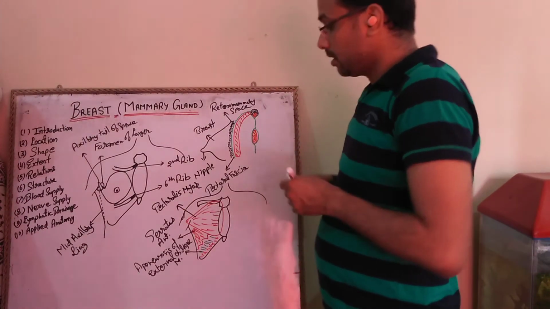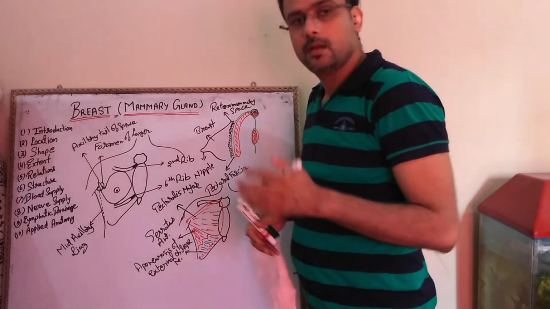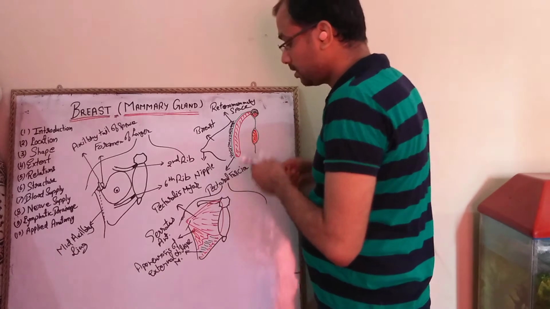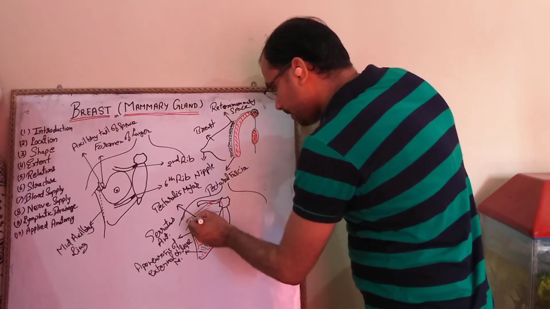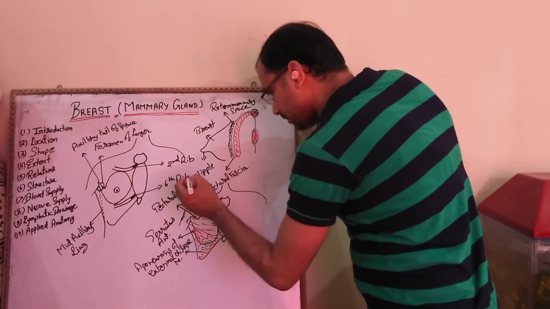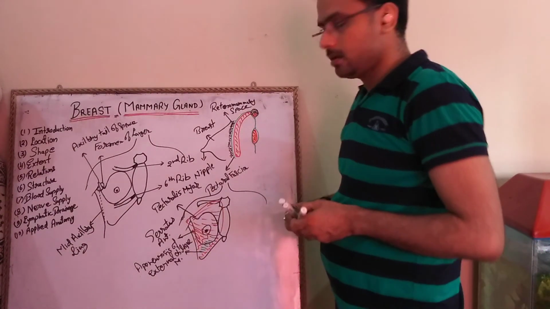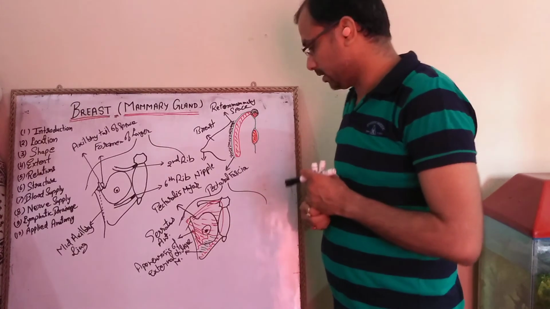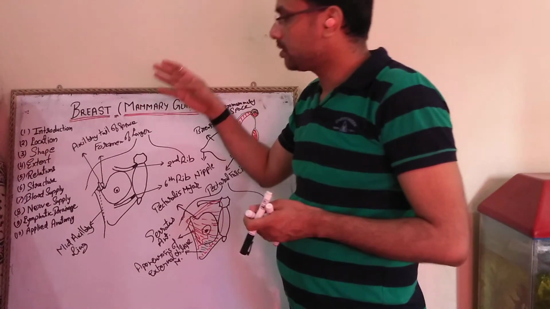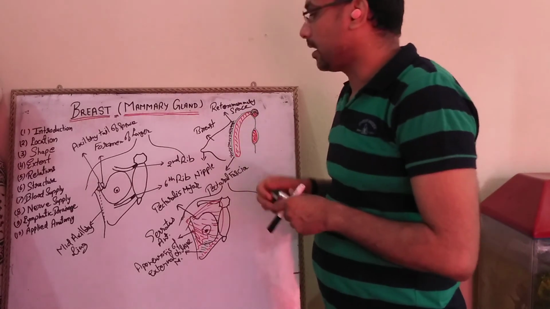So these are the three muscles which are located deep to the breast. Now we will draw the breast over these muscles. So this is the location of the breast, lying over these three muscles. So this is all about the introduction, location, shape, and relation of the breast or mammary gland.